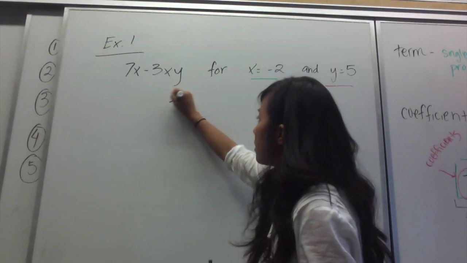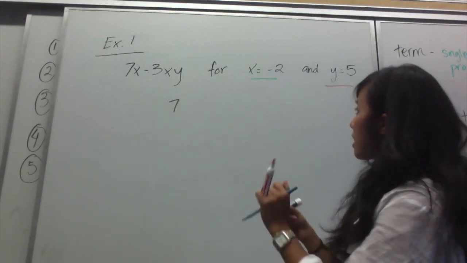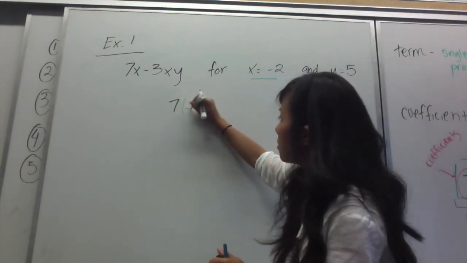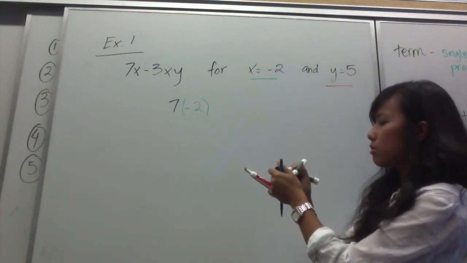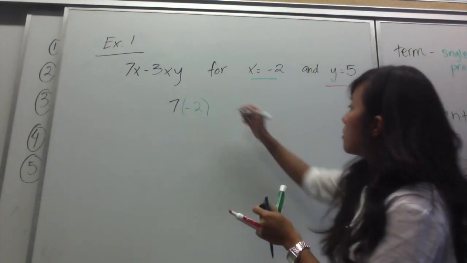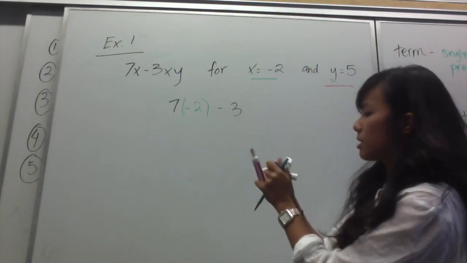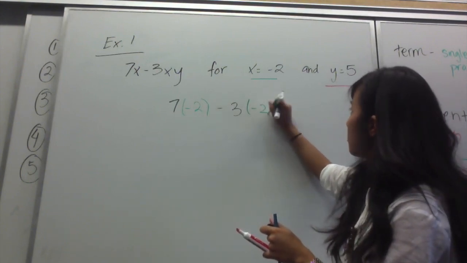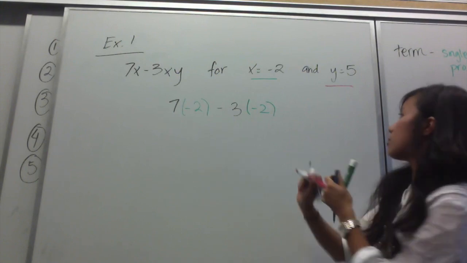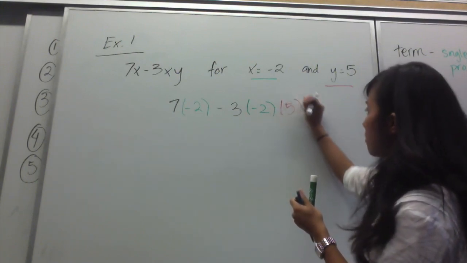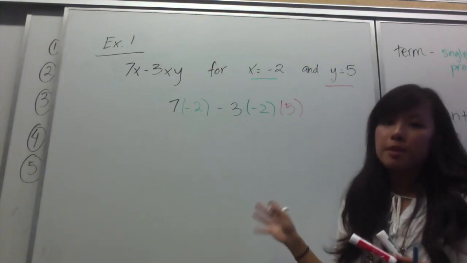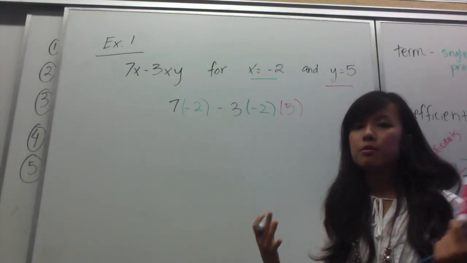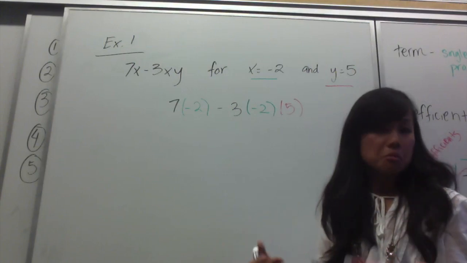So we have a 7. Let's plug in x, and x is going to be green, and negative 2. So it's x, and make sure you put in parentheses so you don't mix it up, okay? Minus 3 times x again, okay, and times y, which is 5. Okay, so I know this may be easy for you guys. It's review, but, you know, just humor me, okay?